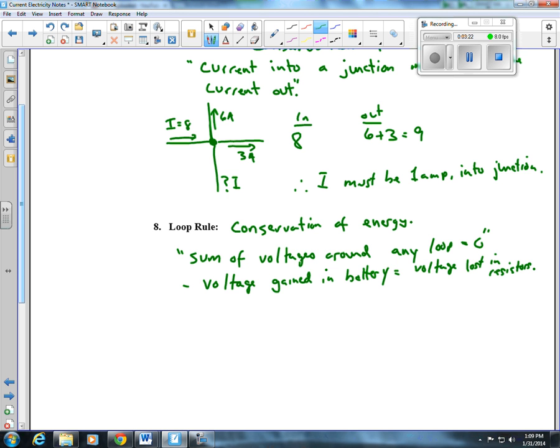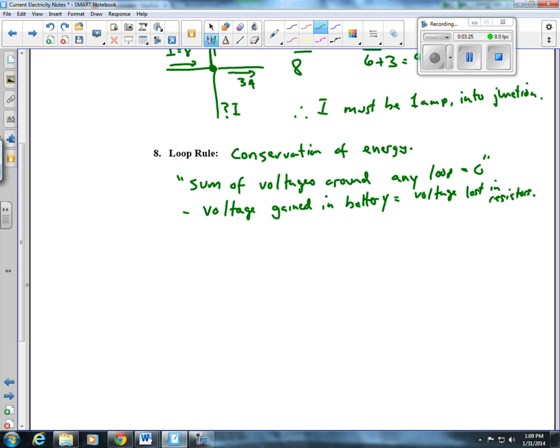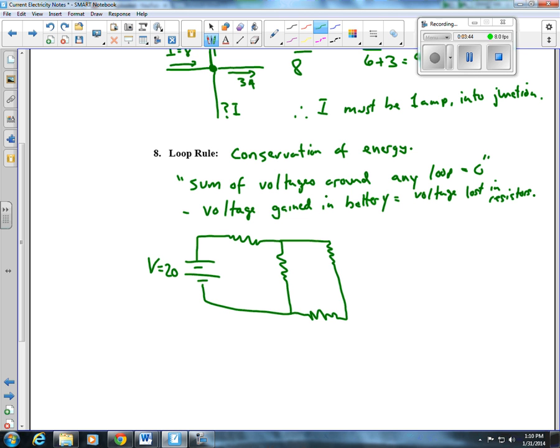So an example for that might look like this. I got a resistor here, a resistor here. I'll make this even more complicated. A resistor here, and a resistor here. And I'm going to say the voltage here is 20 volts. I'm going to put a voltmeter across this guy. Call that V1. I'll put a voltmeter across this guy.